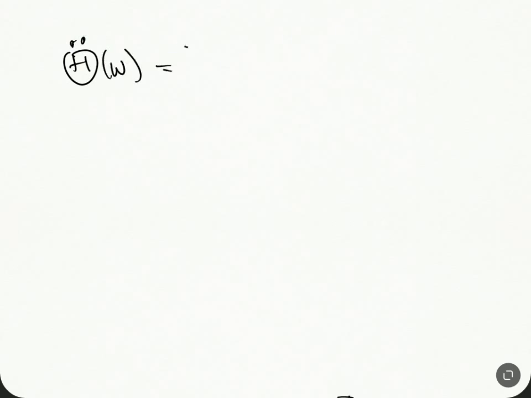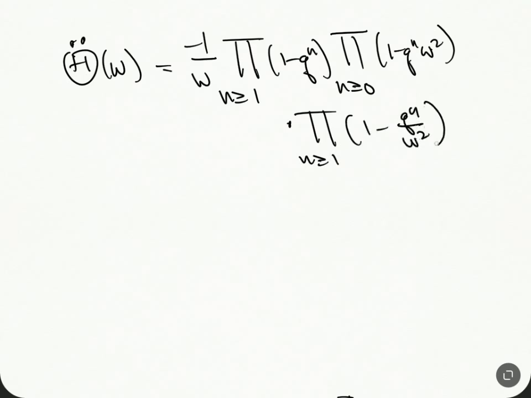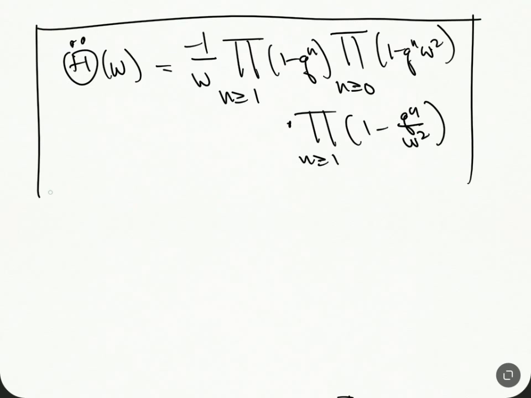So this is minus 1 over w, product of n greater than or equal to 1, 1 minus q to the n, product n greater than or equal to 0, 1 minus q to the n w squared, and then one more factor, n greater than or equal to 1, 1 minus q to the n divided by w squared. This is the infinite product formula for Mochizuki's Etale Theta, or the normalized Jacobi theta function.